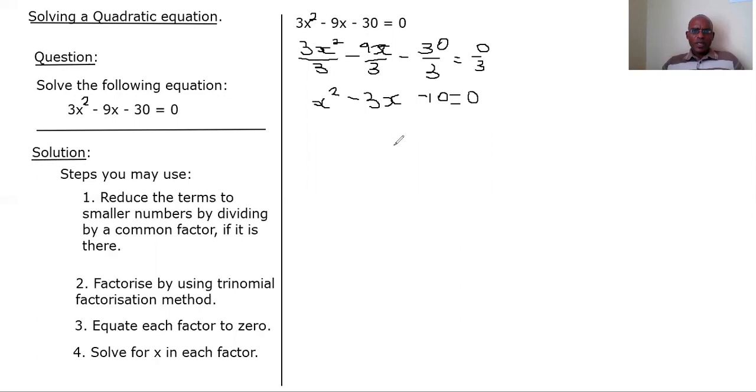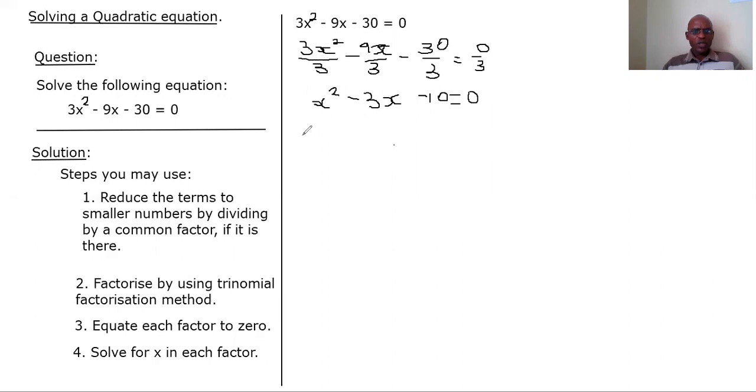From this step, we go on to step number 2, factorize by using the trinomial factorization method. This is an advantage to us since we have a coefficient of 1 on x squared.